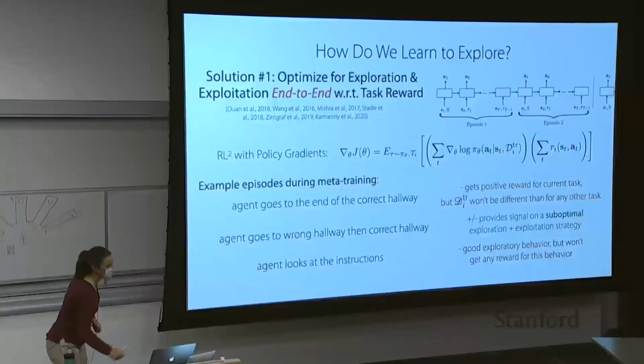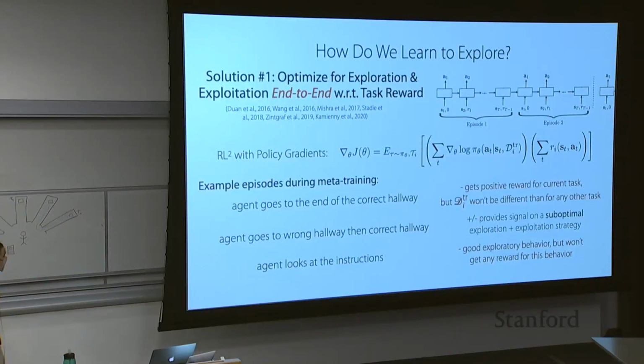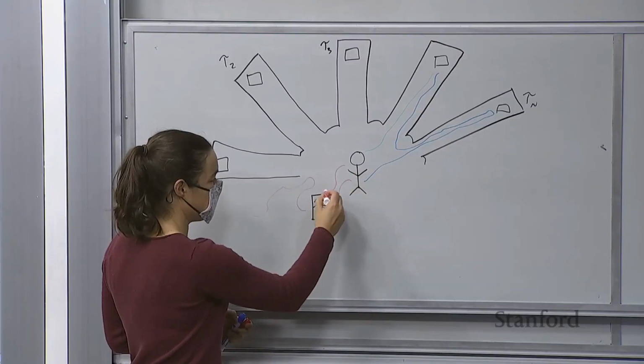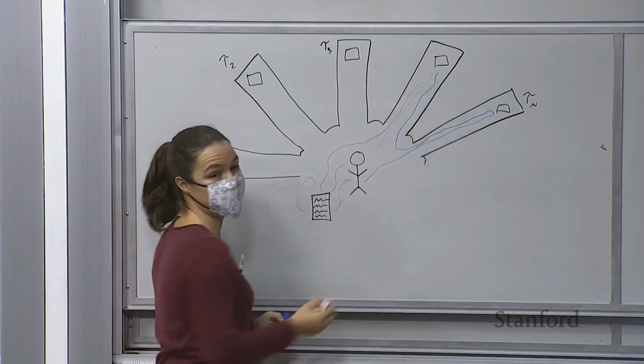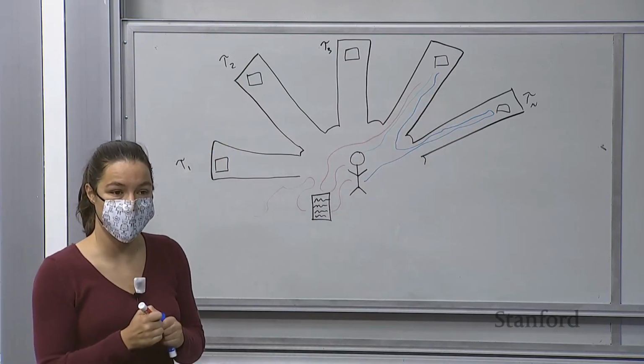And so in this last case, it has good exploratory behavior, but it is not going to get any reward for it. As a result, in terms of learning the optimal strategy, the only kinds of trajectories that will be helpful for learning are those where it first goes to the instructions and then goes to the correct hallway.